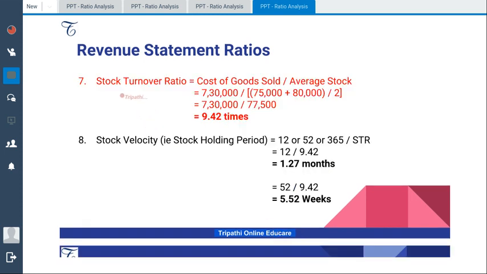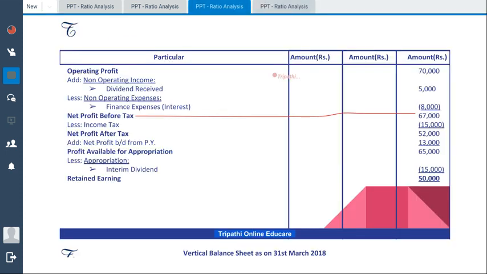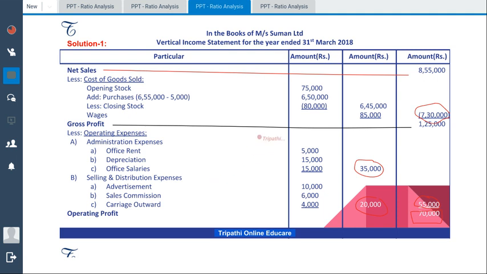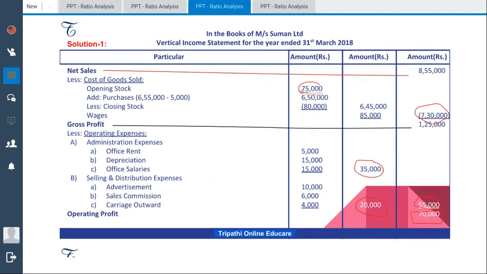Next, stock turnover ratio. Formula is cost of goods sold upon average stock. Cost of goods sold, we have already found, it is 7,30,000. Average stock: for average stock, you need two things, opening stock and closing stock. Opening stock is 75,000 and closing stock is 80,000.